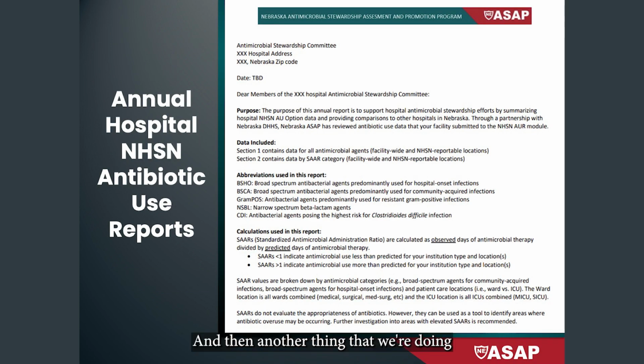And then another thing that we're doing is that for any hospital that's started to report their antibiotic use data to NHSN, we've compiled a state report for your hospital specifically that we'll be sending out hopefully in the next couple of months. What's nice about these is that NHSN provides a national benchmark so you can see where you fall nationally.